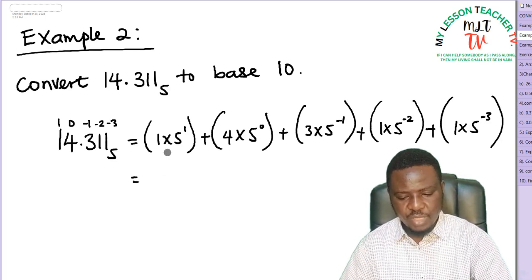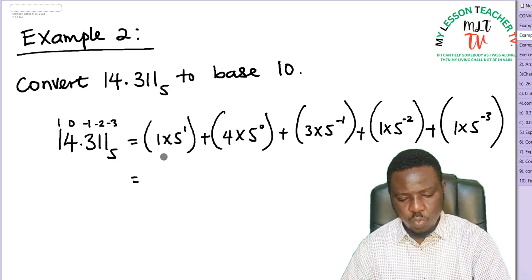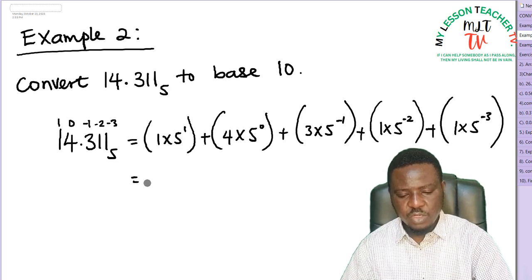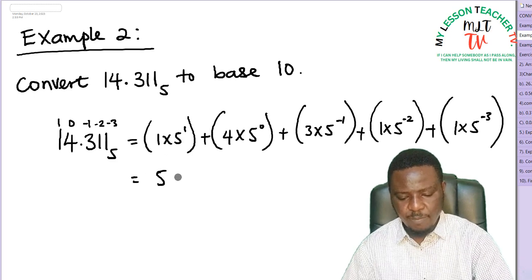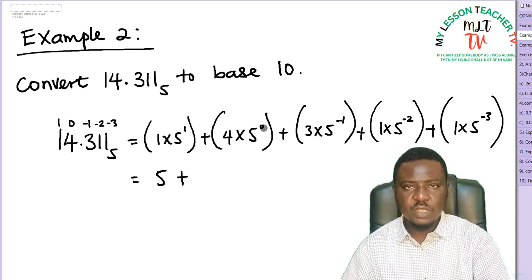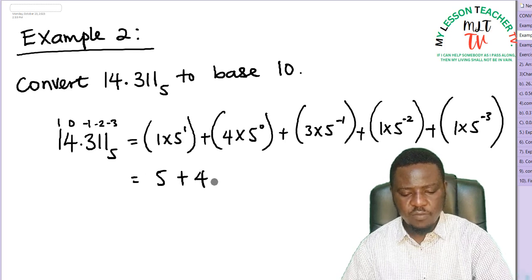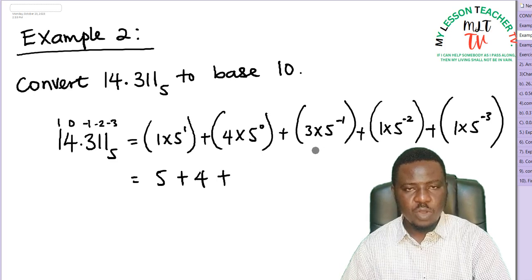Simplifying this further, this is going to be equal to 5 raised to the power of 1 is said to be 5 times 1 is 5, plus 5 raised to the power of 0 is 1 times 4 is 4, plus 3 times 5 to the power of minus 1 is 1 over 5.